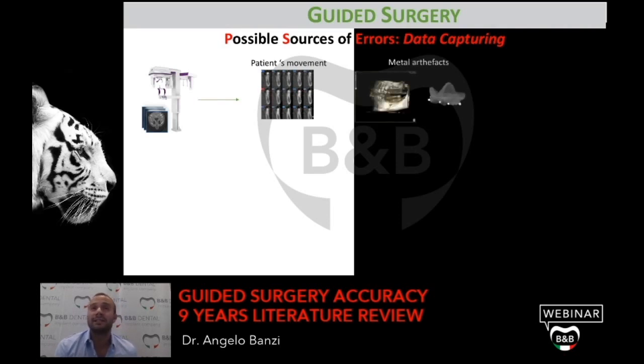Metal artifact. Metal, as I told you before, the presence of metal in the mouth of the patient can create a deformation of the imaging. And this deformation is better known as scattering effect. And again, remember that the metal is not only the single crown, the metal part of the single crown or a bridge.